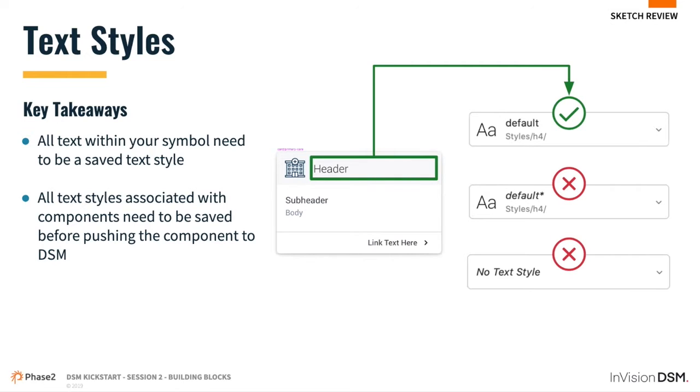The bottom two examples show when the text has either been altered from the current style, which is indicated by the asterisk next to the name, or it has no style linked at all. You want to avoid the bottom two. Additionally, all text styles associated with components need to be saved before pushing the component to the DSM.